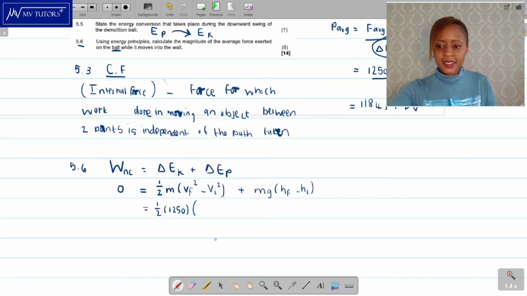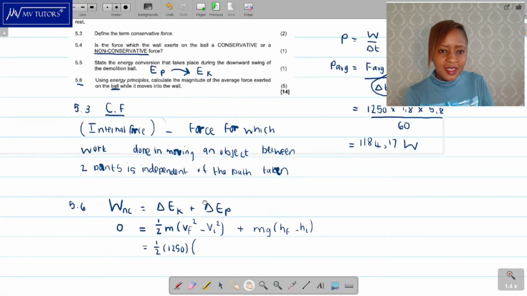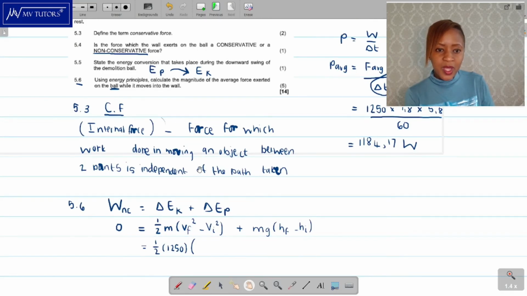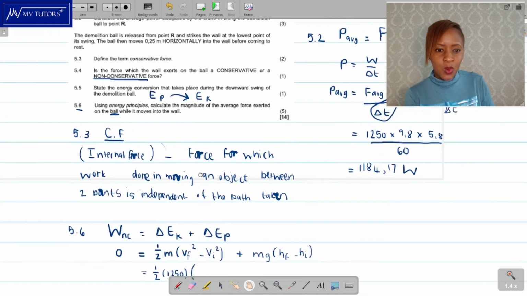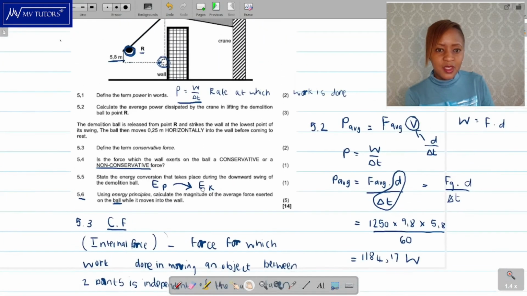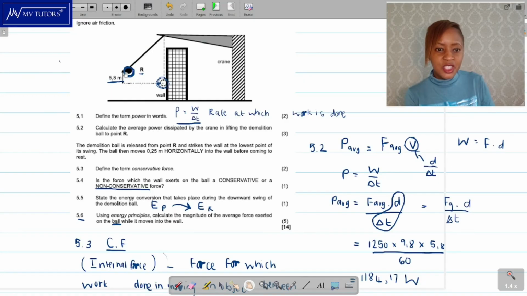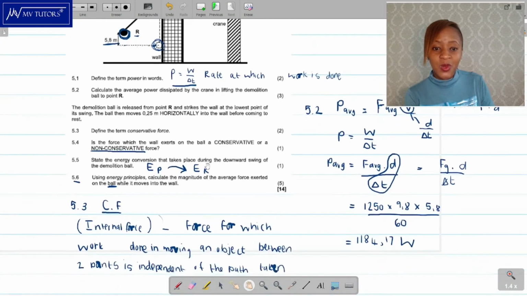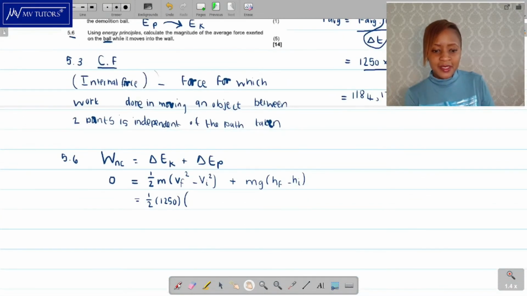Sorry about that. Let me go back to this and see: the magnitude of the average force exerted on the ball when it moves into the wall. Actually its initial velocity there, the ball, is 0, and by the time it gets to the wall, the final velocity is at its maximum.